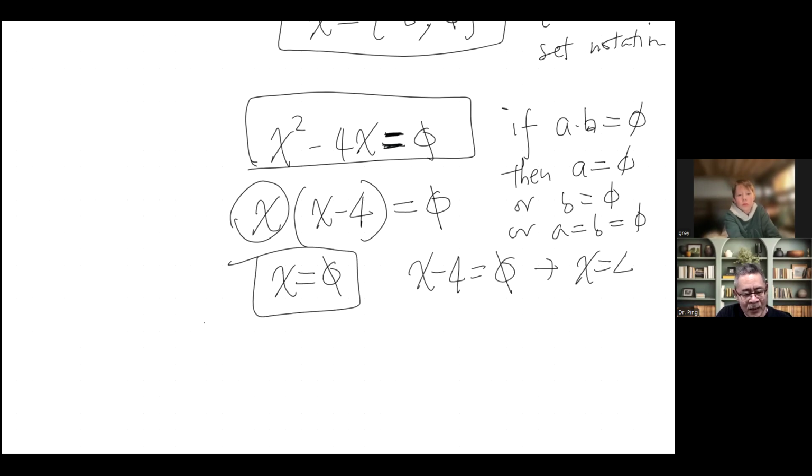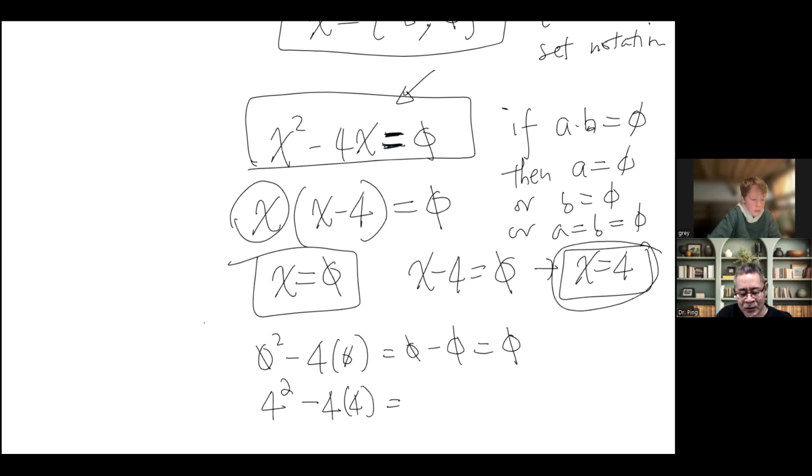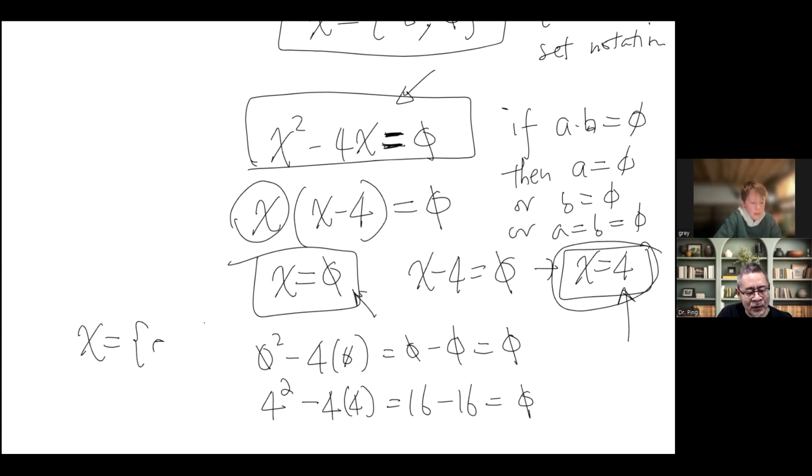If we plug those into the original equation: plug in 0, 0 squared minus 4 times 0 is 0 minus 0, which is 0. Plug in x equal to 4, we get 4 squared minus 4 times 4, which is 16 minus 16, which is 0. So this is a solution and this is a solution, and we write x equal to 0, 4.